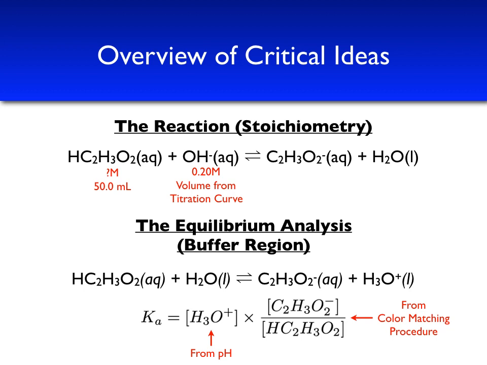Therefore, in this experiment, we can use several points during the titration to calculate values for the Ka of acetic acid, which should be the same, right? Let's take a look.